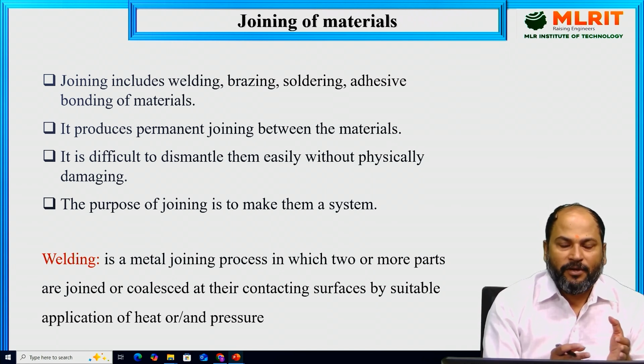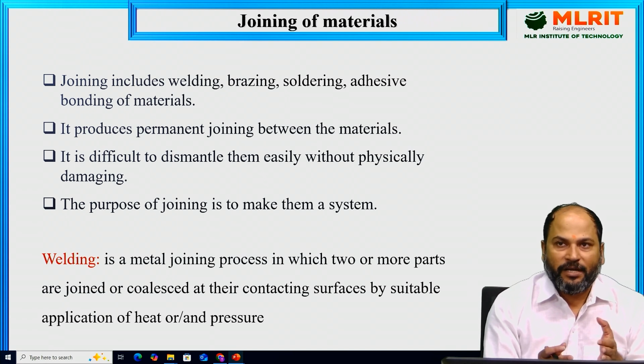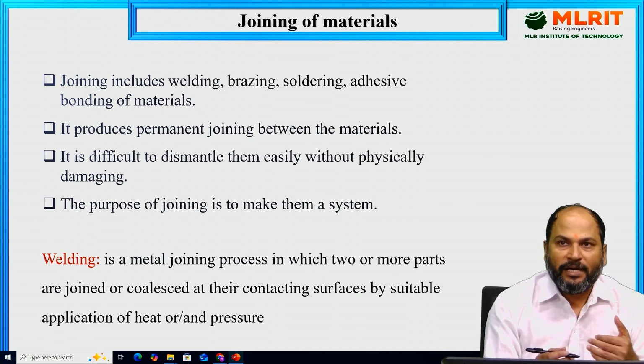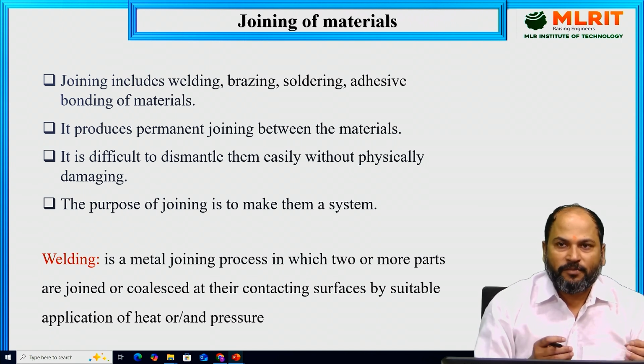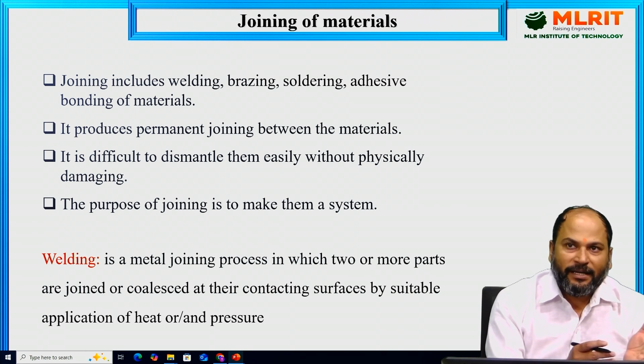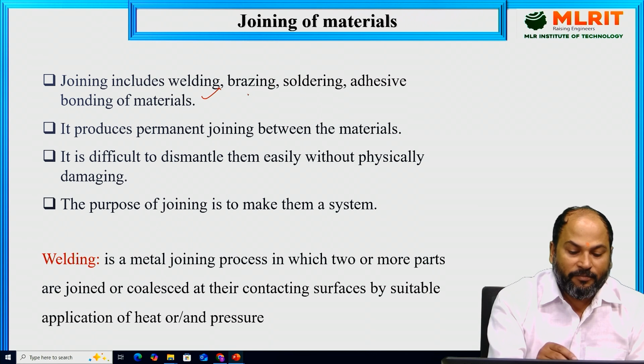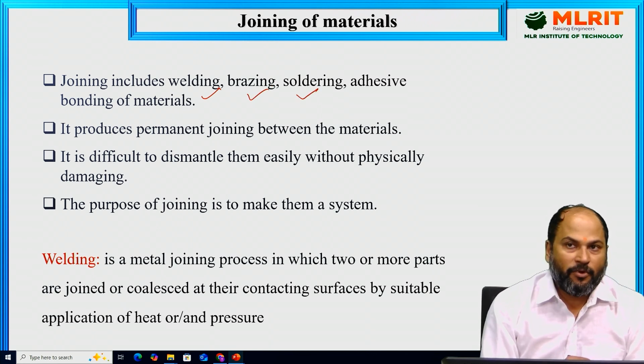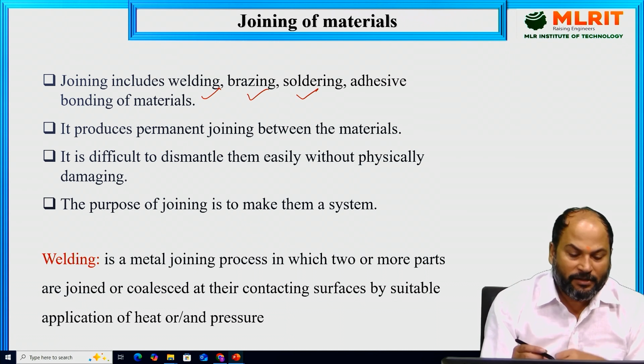Semi-permanent joining means partially we'll have to damage the parts. But in our syllabus, welding is there, and that is a permanent joining. Permanent joining means if we have to dismantle the parts, we have to physically damage them. If we classify from that sense, then it becomes welding, then brazing, then soldering, and the last one is adhesive bonding. We'll see each of these one by one.